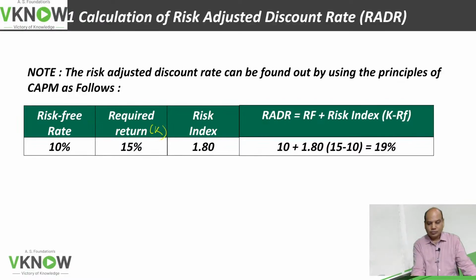Please solve: 10 plus 1.8 into 15 minus 10. Higher the risk, higher the required return. That is the topic called risk adjusted discount rate.